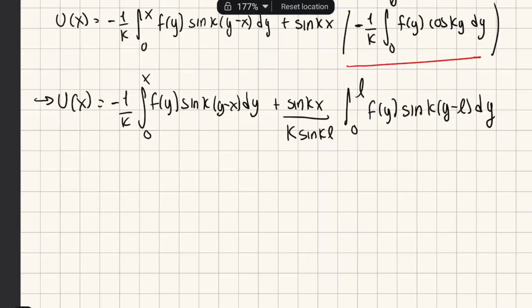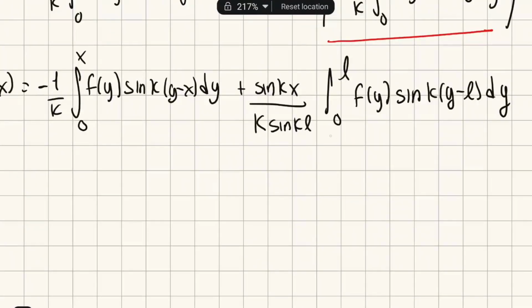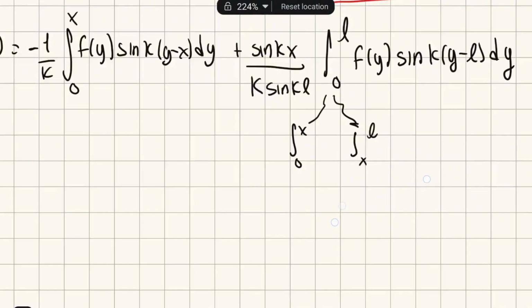Okay, so what we are going to do now is to split this integral into two, one from 0 to x and the other one from x to l.